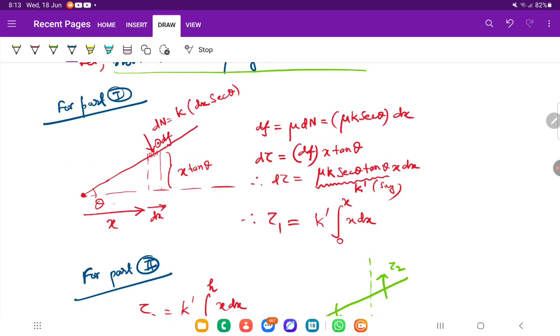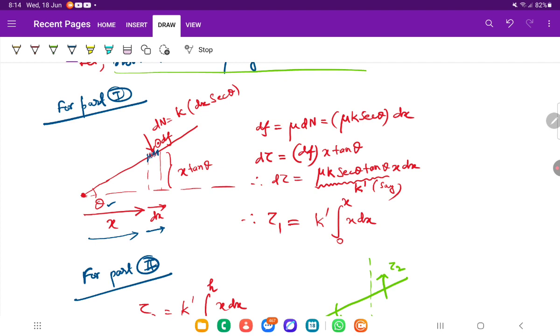So yeah, I have shown the common edge, or the slant face, whatever you can call it, and this angle was theta. So let's go at a distance x from the vertex on the axis and then take a differential element of dx, and its corresponding element on the slant face will be something like this.